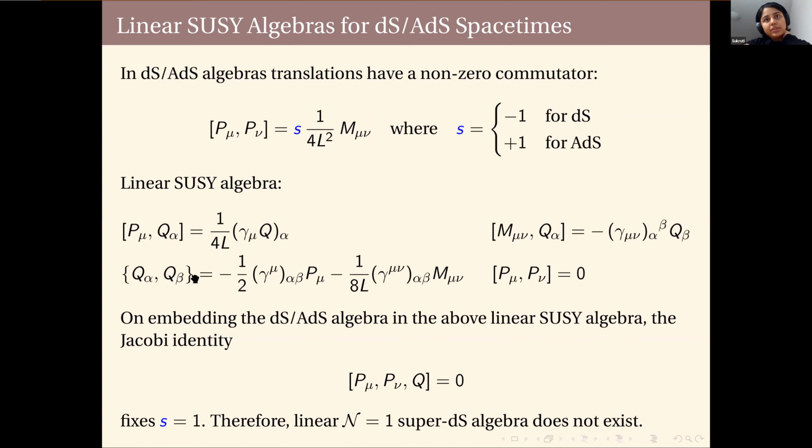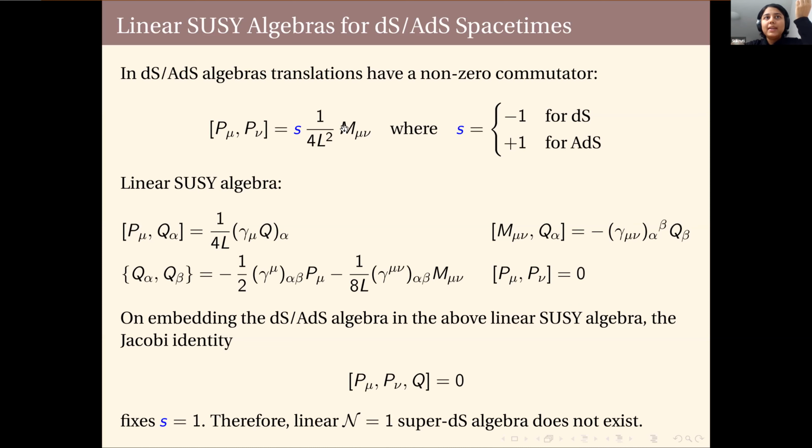Now, this here is a generic linear supersymmetry algebra for N equal to 1. Here, Q is the supersymmetry generator, the P's are the translations, and M mu is Lorentz. Here the translations commute.